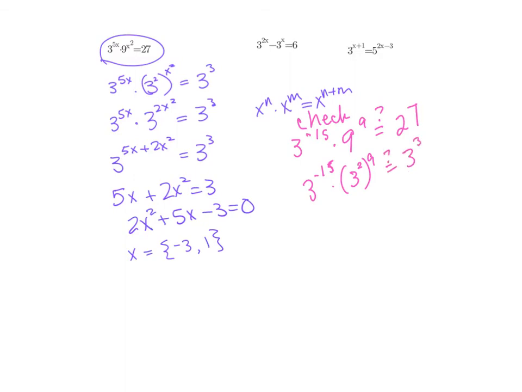And yes, it does, because we have 3 to the -15 times 3 to the 18 equals 3 cubed. And again, you add those exponents in this situation, so that does check.